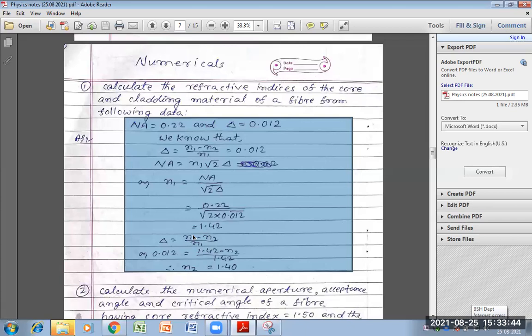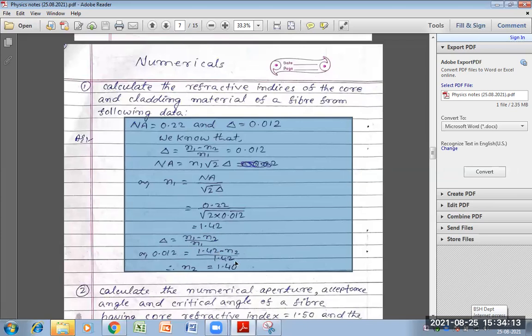I have calculated the value of the refractive index of the core as 1.42, so I have written 1.42 minus n2 divided by n1, where n1 means 1.42. After doing cross multiplication, the delta value times 1.42 is equal to 1.42 minus n2.